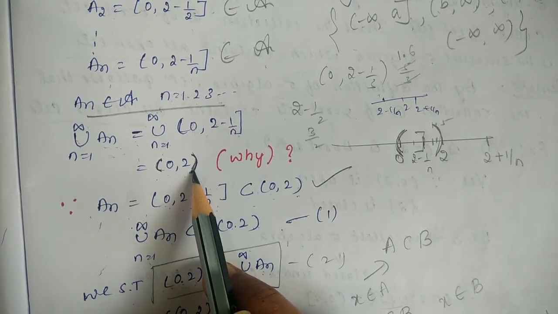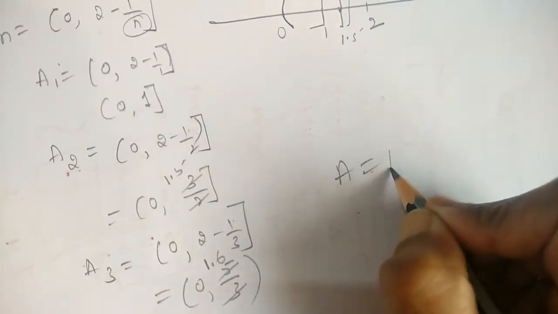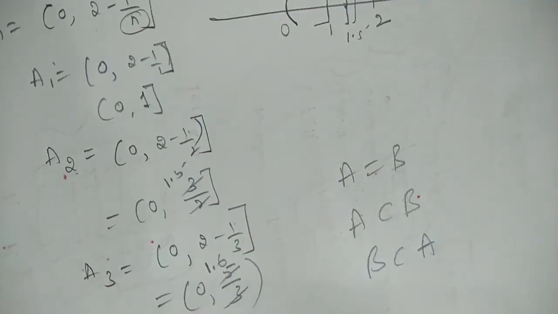Why? The reason is: to show that two sets are equal, if A is a subset of B and B is a subset of A, then they are equal.